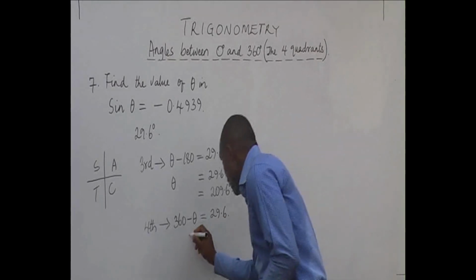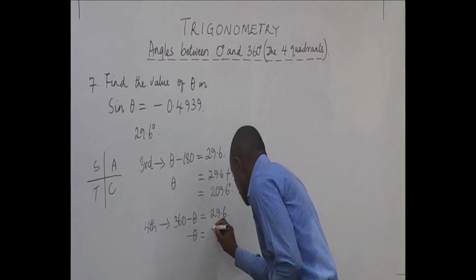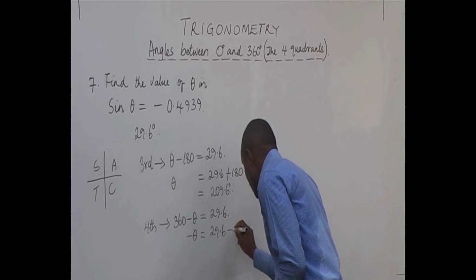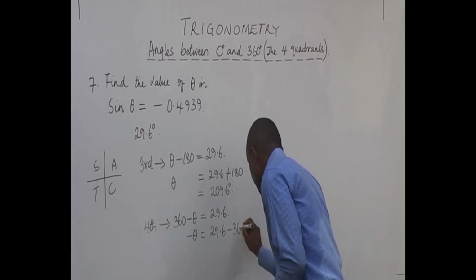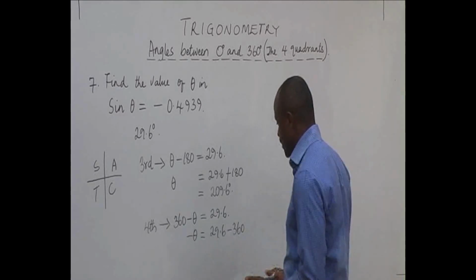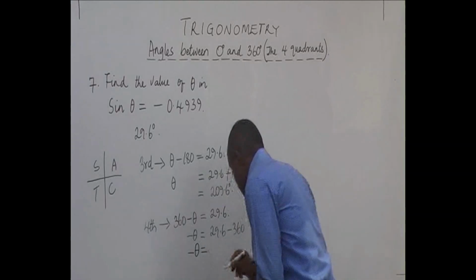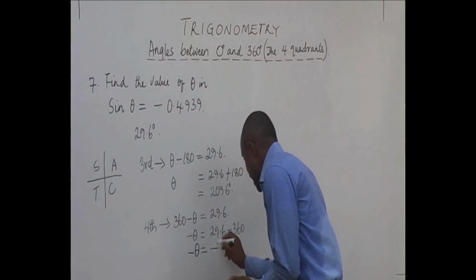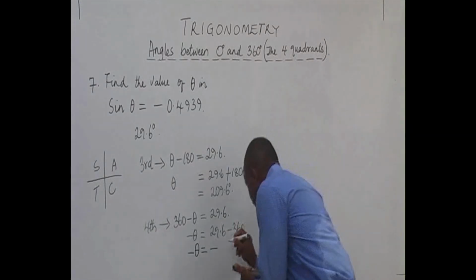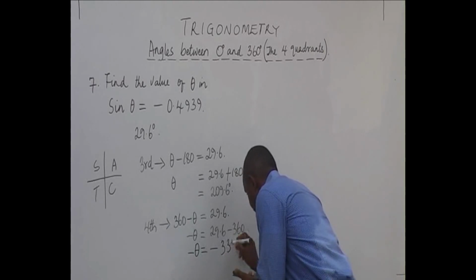That means minus theta is equal to 29.6 minus 360. Let's subtract. Minus theta is equal to whatever you get by subtracting 29.6 from 360. It will be a negative. It's given me 330.4.